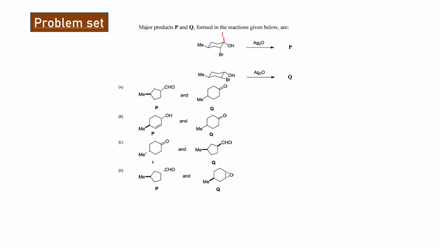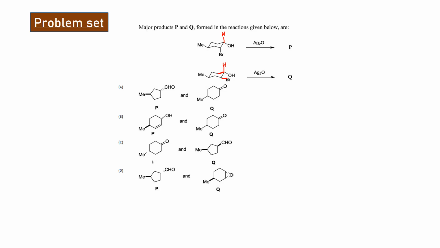So here bromine has an anti H with respect to this bromine atom, but there is no such H. This H is not anti to this bromine atom, but this bond is anti-periplanar with this bromine one.